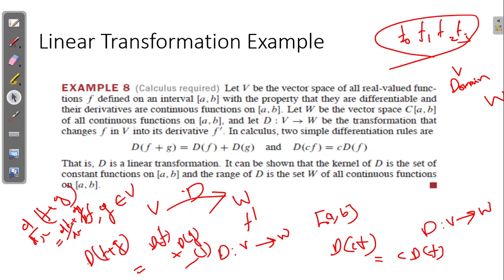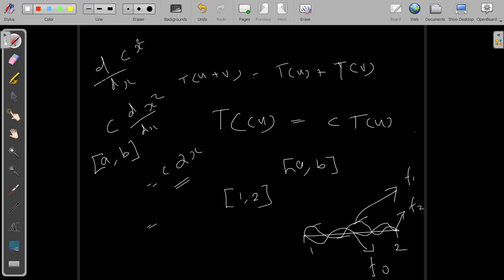And it can be shown that the kernel of D is the set of constant functions on [a, b]. That means I have to find out what is the kernel of this transformation D. So by definition, kernel means the set of all x such that T of x equals 0.